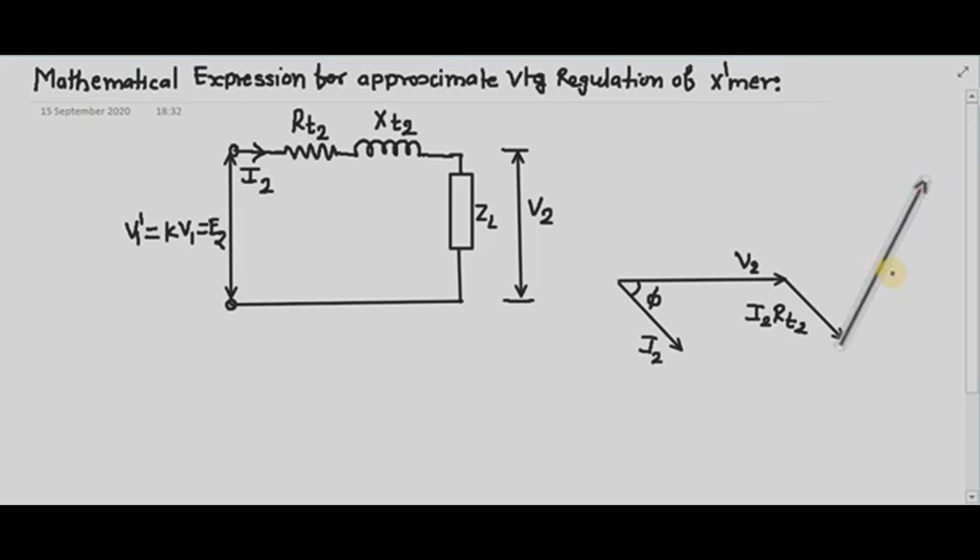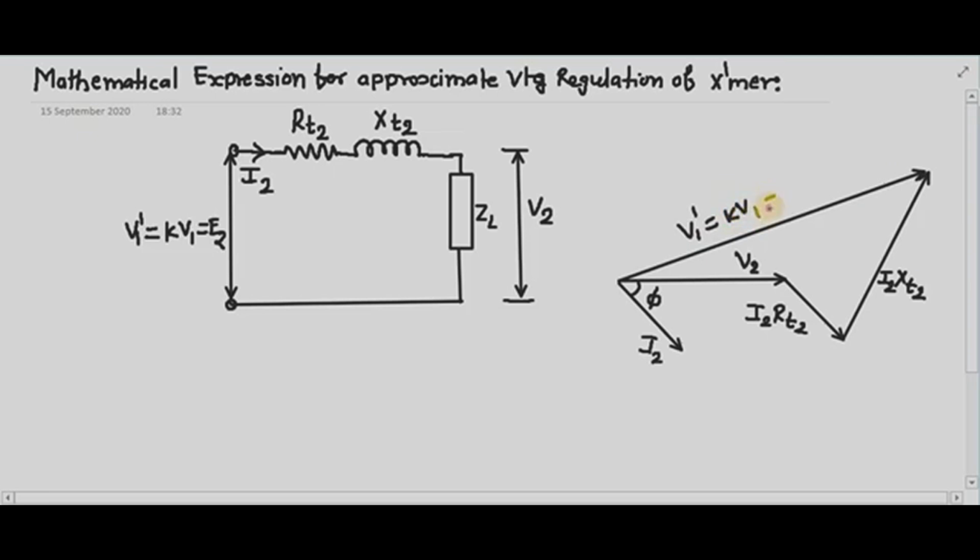this is your I2 XT2, and the vector addition of all these is nothing but your V1 dash, which is equal to K into V1, which is equal to your induced EMF E2, right?